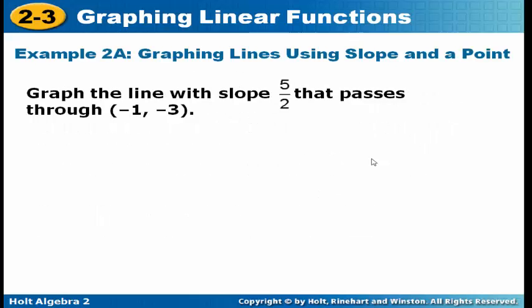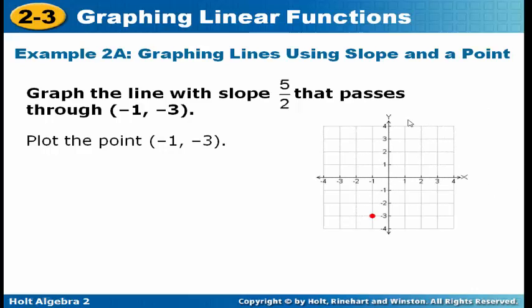Graph the line with slope 5 over 2 that passes through (-1, -3). First plot the point (-1, -3). The slope is 5 over 2, rise over run equals 5 over 2. So 5 is positive, so we will move up 5, and 2 is positive, so we will move right 2.